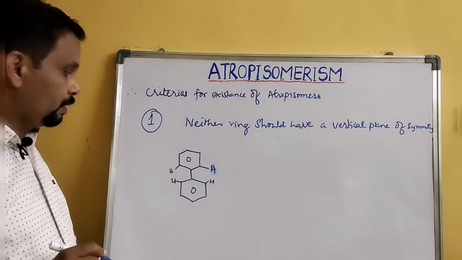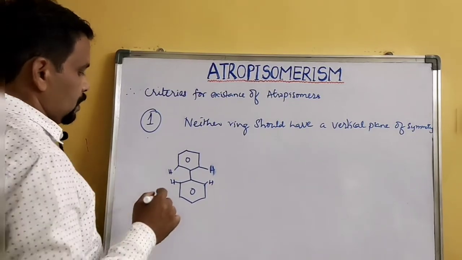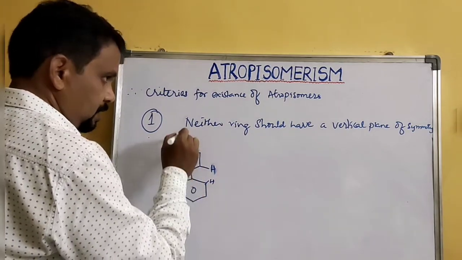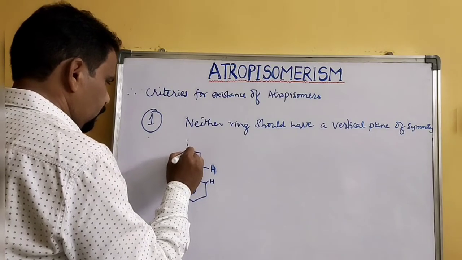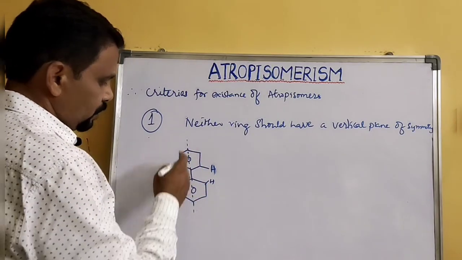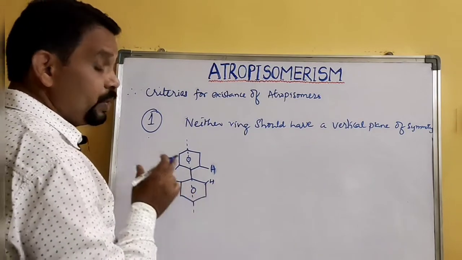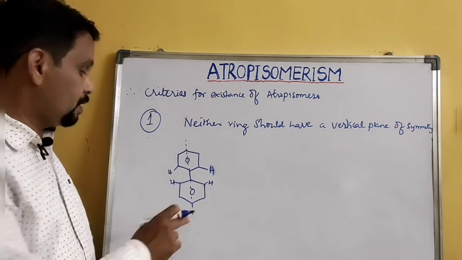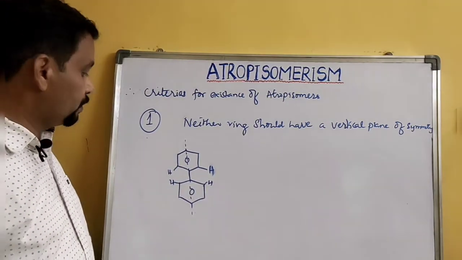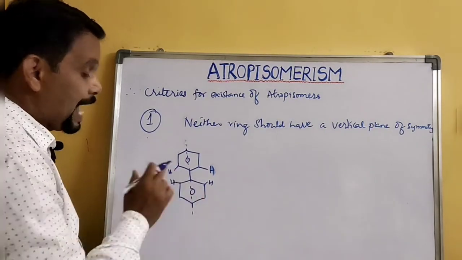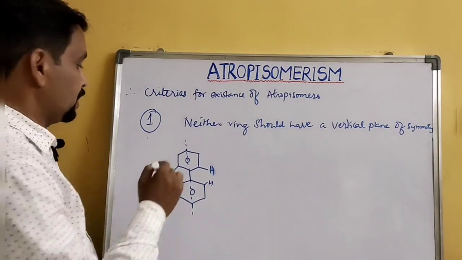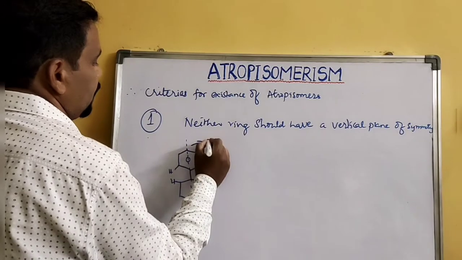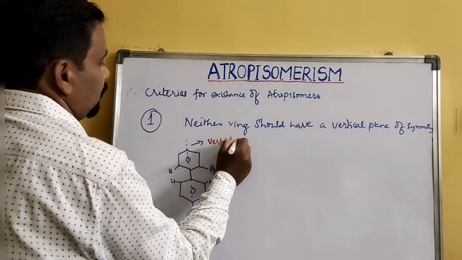In this molecule, this is the vertical axis, and if you put a plane through it, you will get two equal halves of this molecule. Therefore, this conformer has a vertical plane of symmetry.